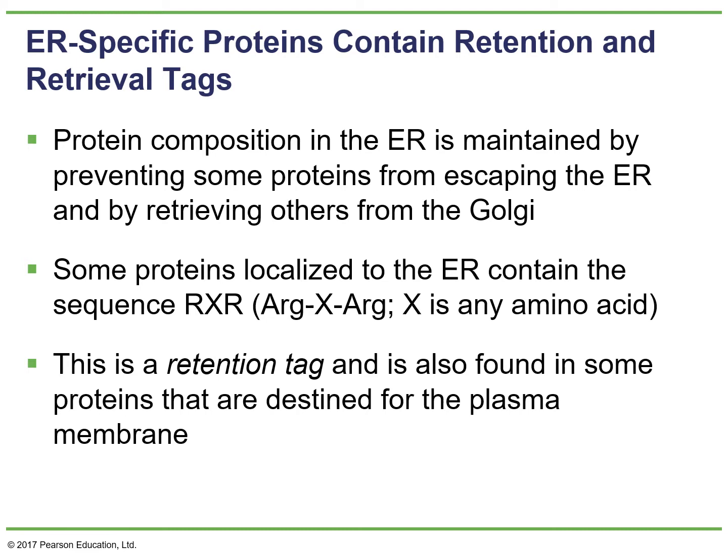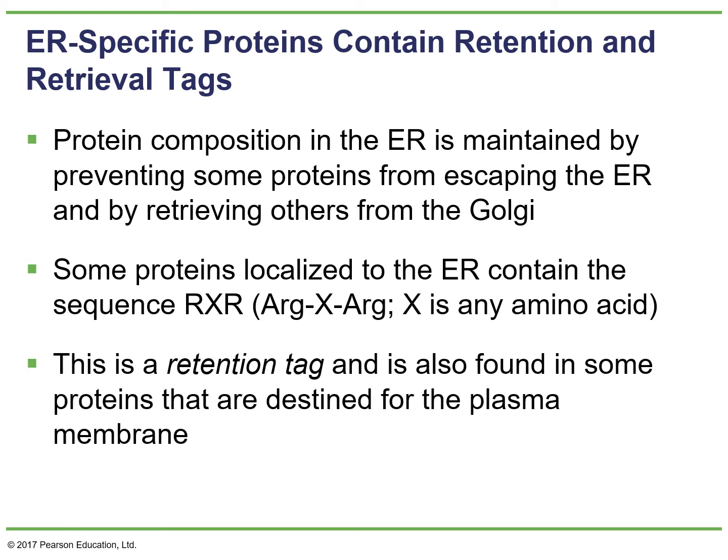Several proteins that are localized in the ER may also contain a tripeptide sequence, the RXR, otherwise arginine X arginine, where X is any amino acid. This appears to promote retention in the ER.